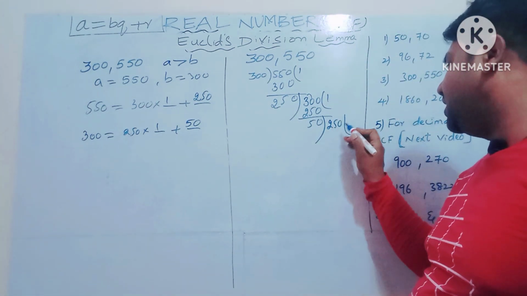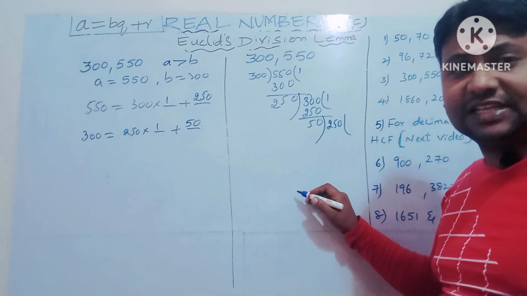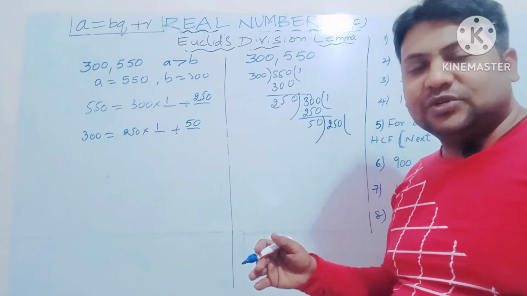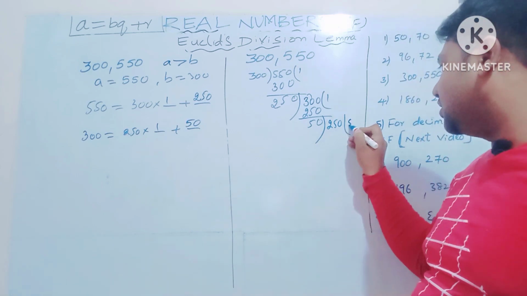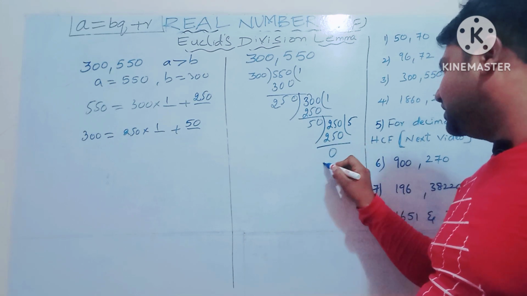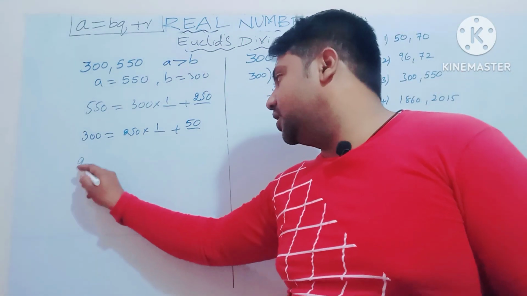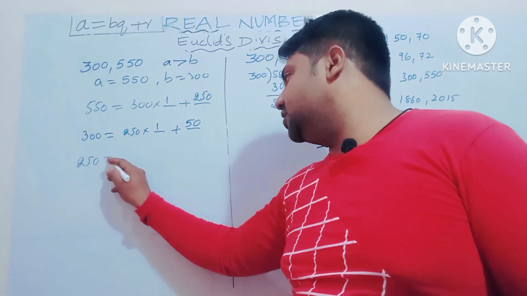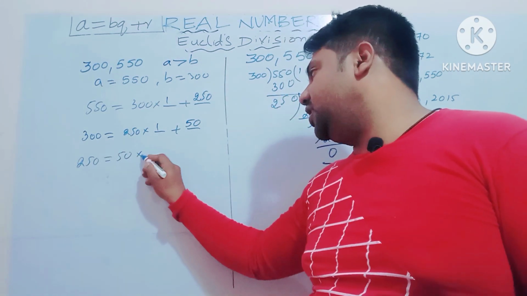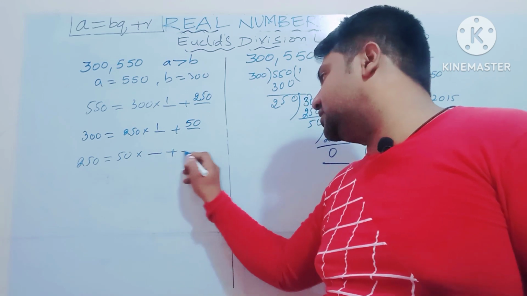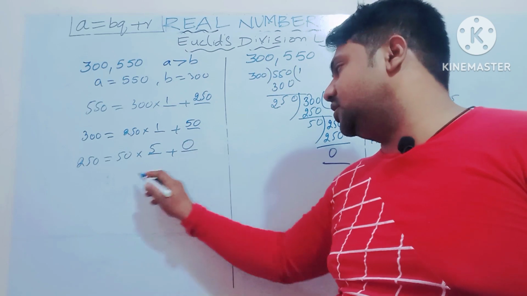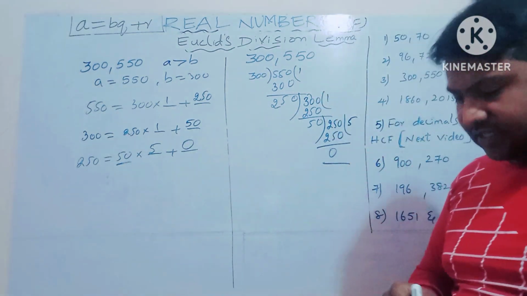So we can write 50 2s are 100, 5 3s are 150, 5 4s are 200, 5 5s are 250. Then what is the answer? 0. So I can write here 250 is equal to 50 into 5 plus 0. Remainder will be how much? 0. Then our HCF is 50.